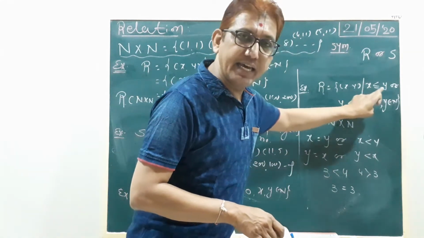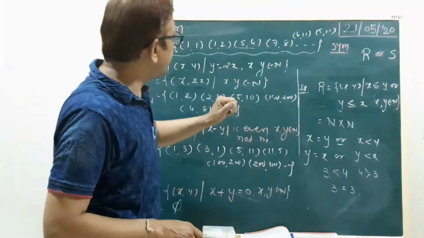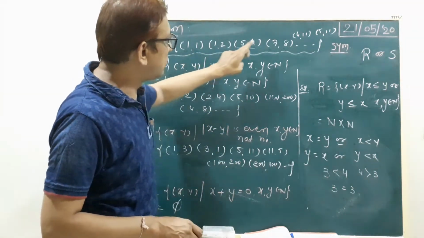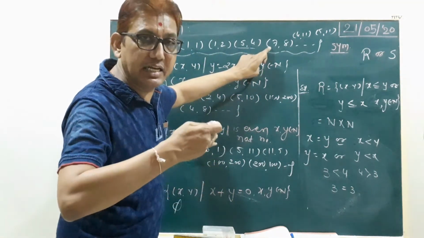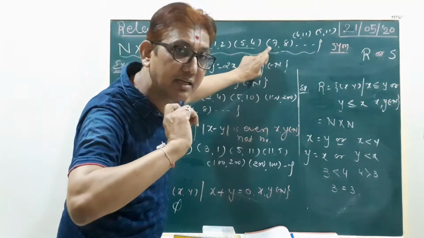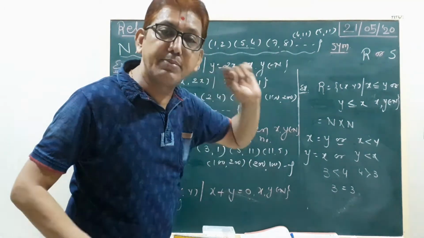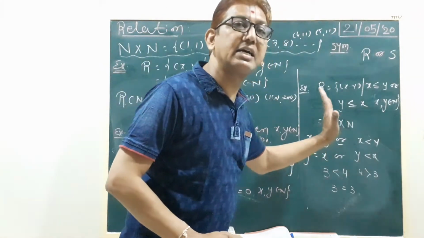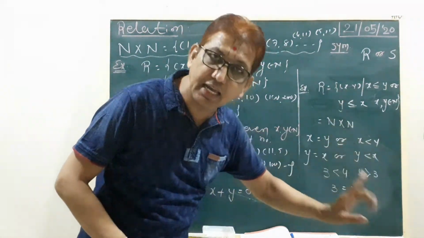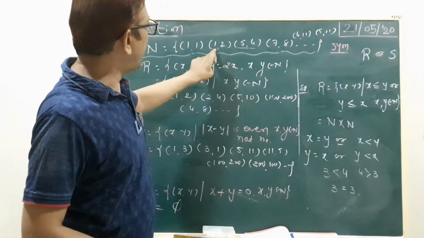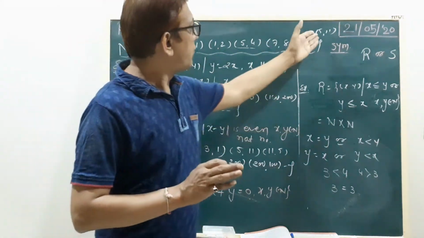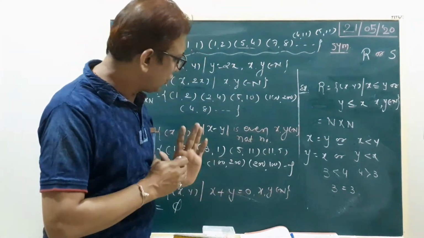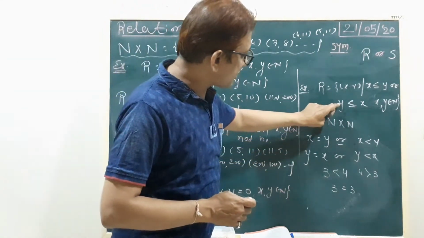Second condition, x less than y, that means 1 2, 7 8, where the first element is smaller than the second. All such brackets are included, 1 2, 7 8, 5 11 also.